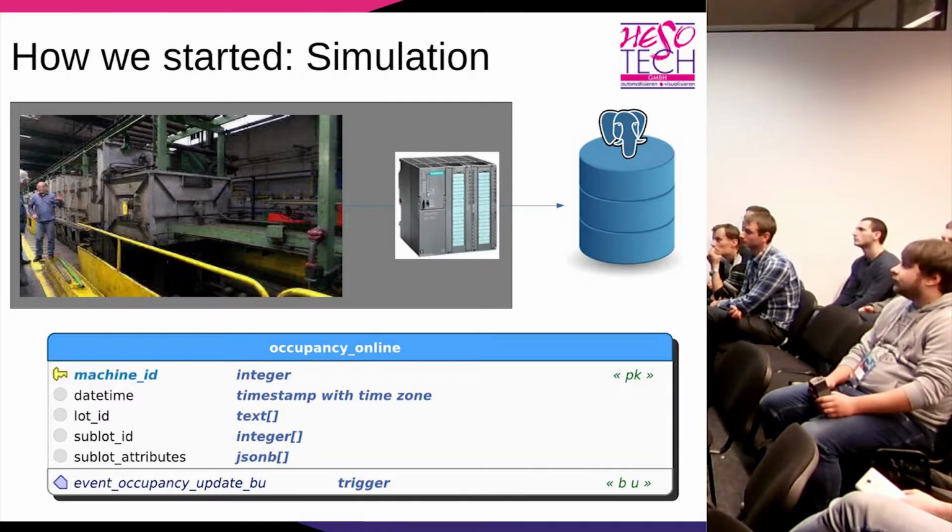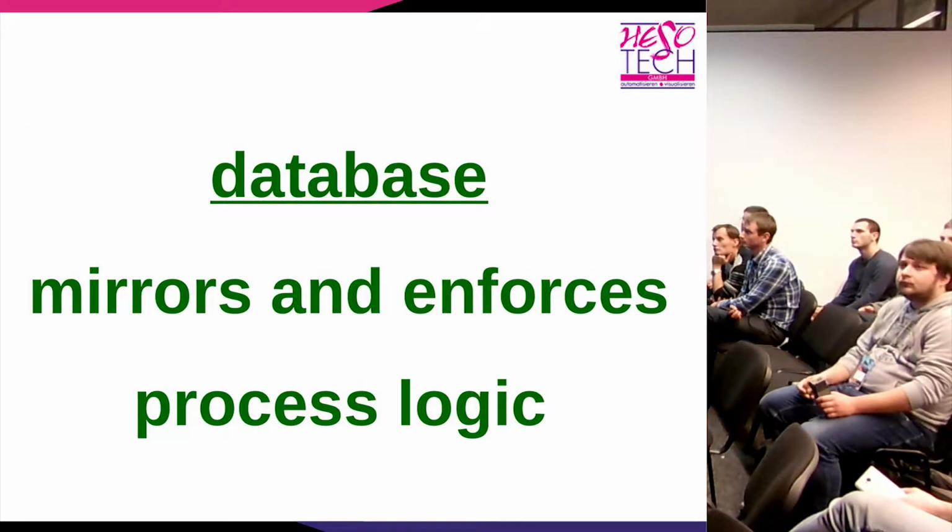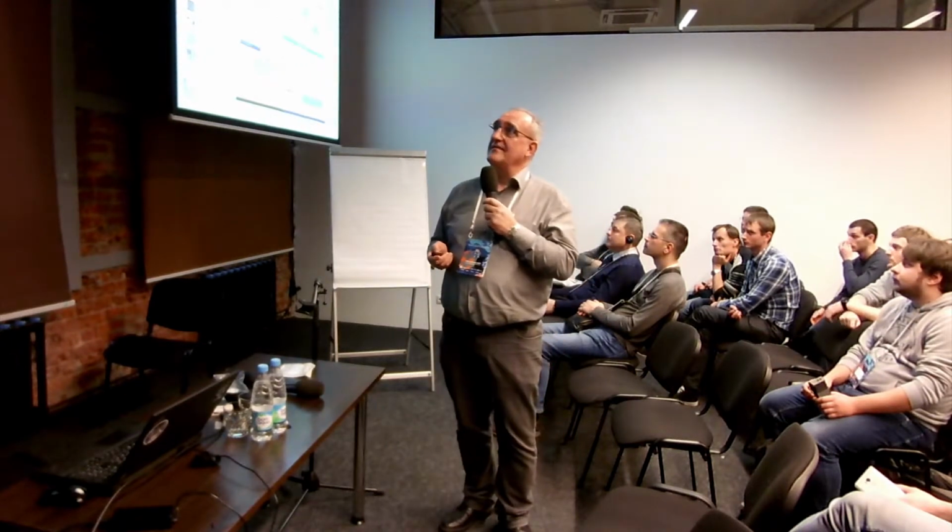And all the rest is done inside the database. What is very important for me is that database structures should mirror the real physics. And so it also enforces the process logic and makes things much easier.